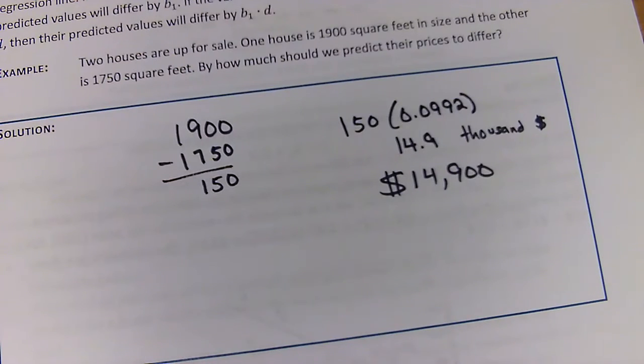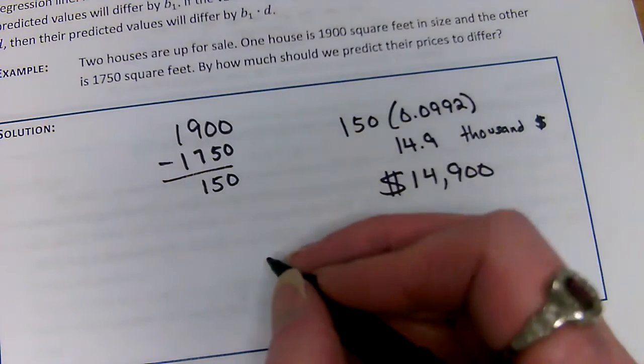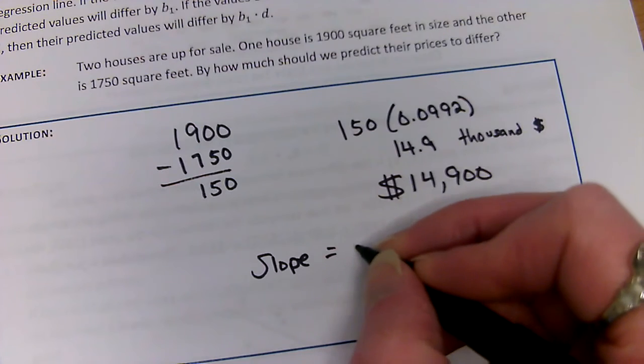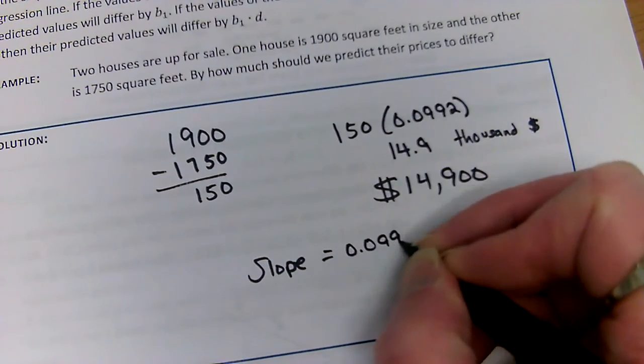So when we're talking about that slope, it is 0.0992.